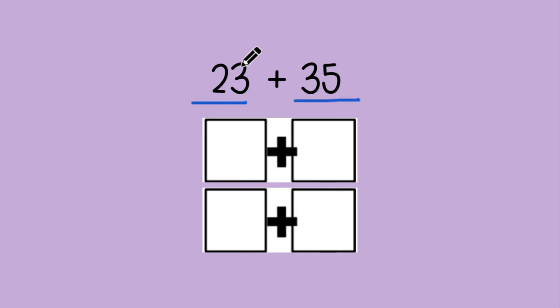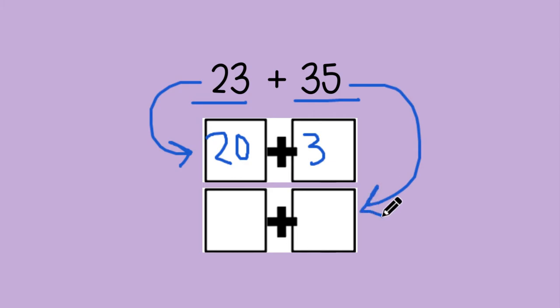Remember that 23 equals 20 plus 3. So I have my first addition number here. My first addend goes over here and I split it up. And then we have 35 down here, and we already know that 35 is 30 plus 5.